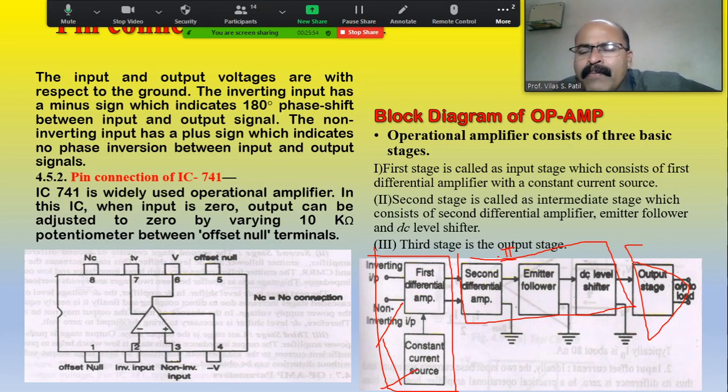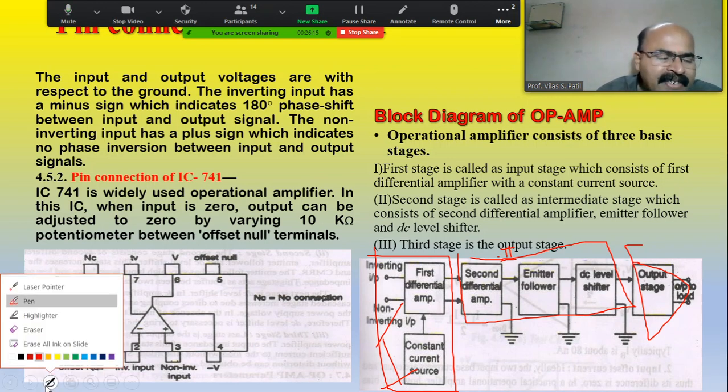Second stage is the intermediate stage, that is the second differential amplifier, emitter follower circuit, and DC level shifter. And third stage is the output stage or the output part. This is the diagram. We are going to the next one.